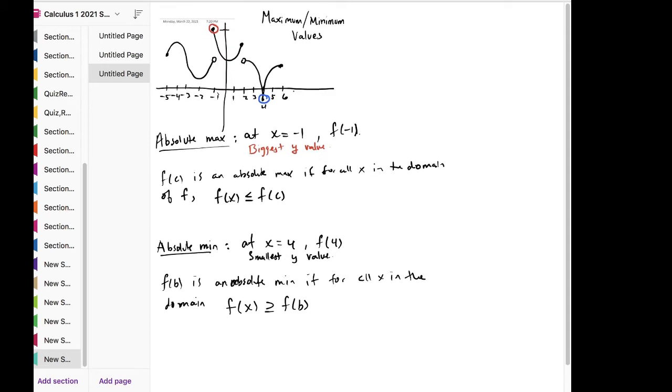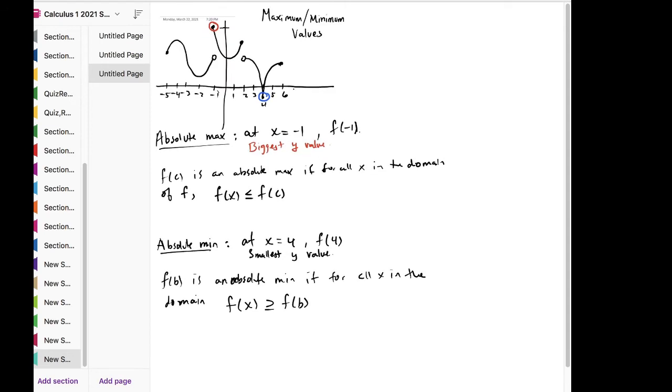Look at all x values in the domain and look at f of them. All these y values are always greater than the y value at 4. So that's what we're defining as an absolute min.